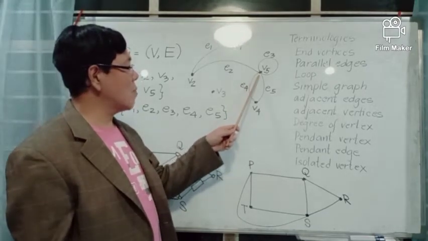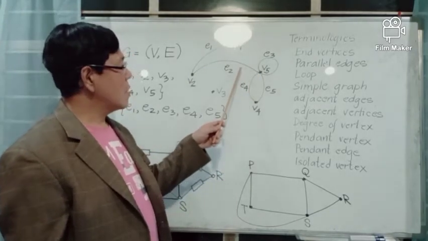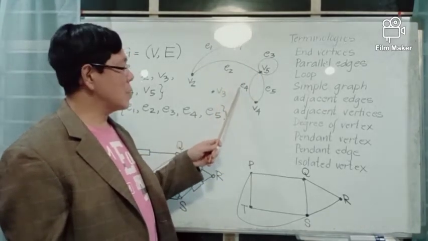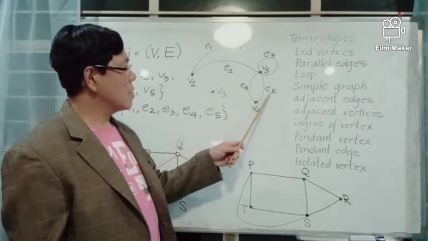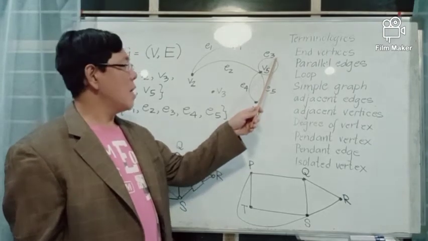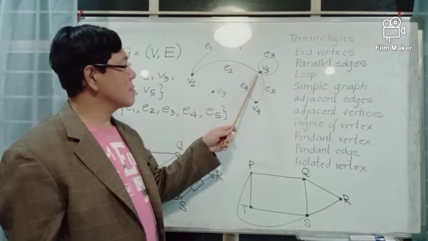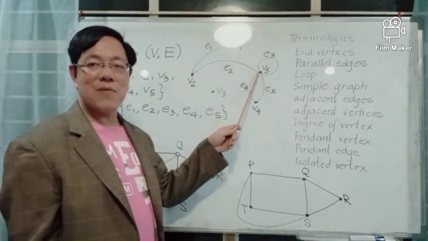They share a common end vertex B5. Edges E2, E4, E5, and E3 are adjacent edges. They all share a common end vertex, vertex B5.